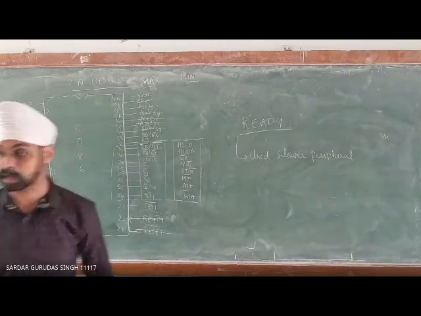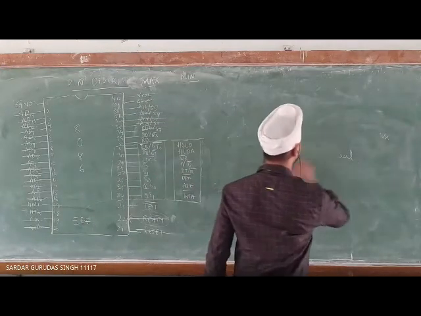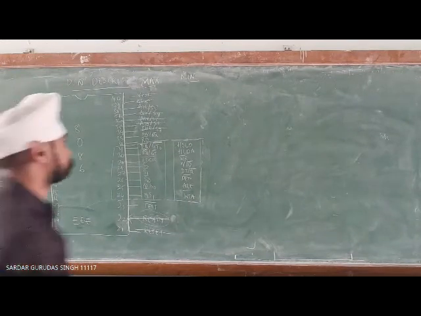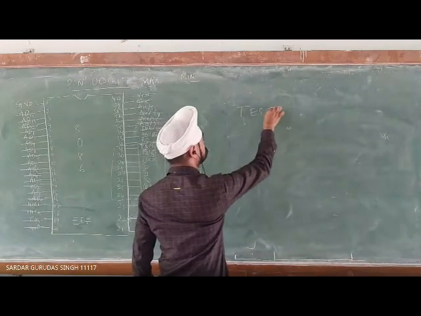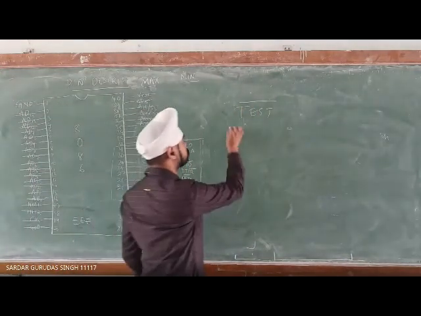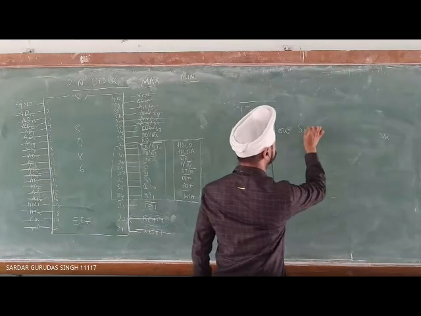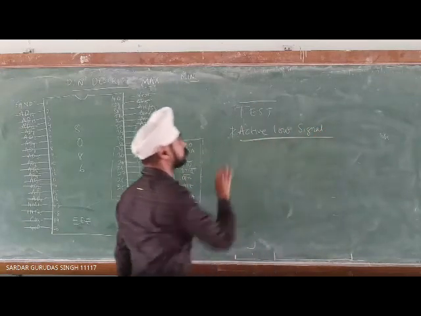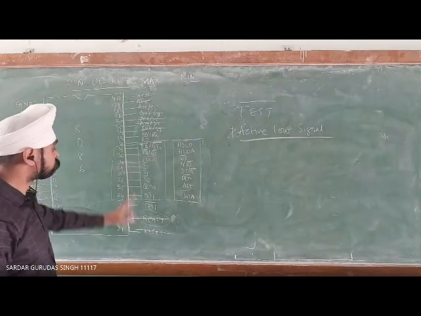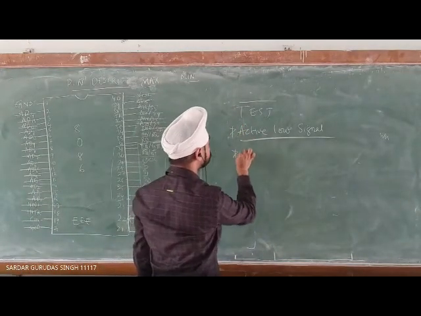Test bar. The next signal is the test bar signal. It is an active low signal. If it is active low, the processor will continue operation.